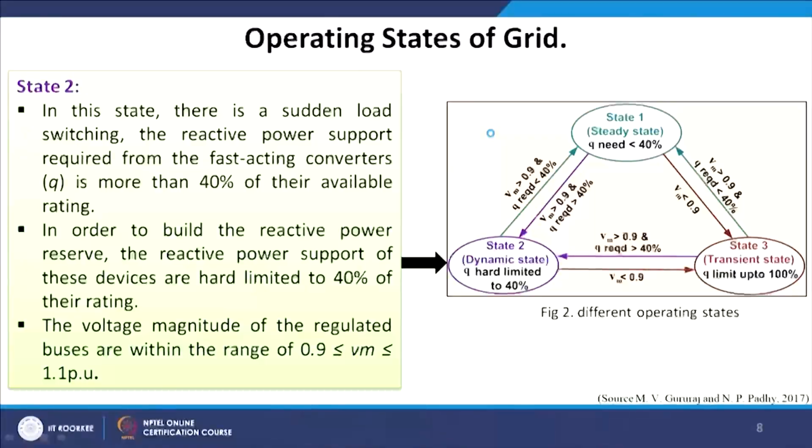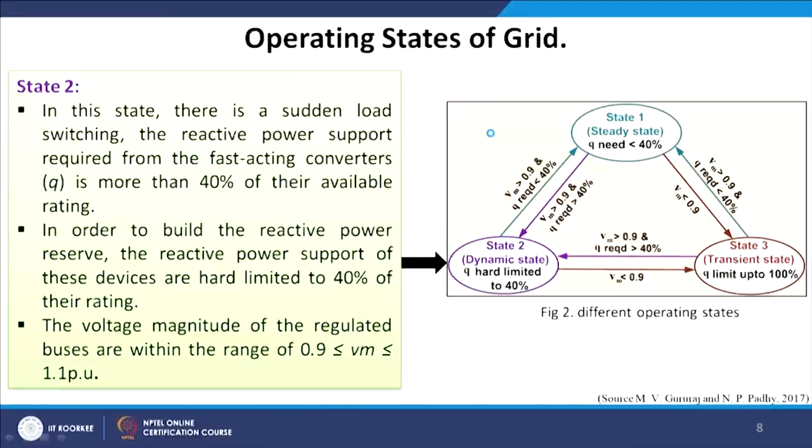But if you move to the dynamic state, where any sudden load change will fall under the stage 2 category, the reactive power support required from the fast acting converters is more than 40% of their available capacity. During the steady state, it is below 40%, and during the dynamic state, we expect it to be more than 40% of their available rating.